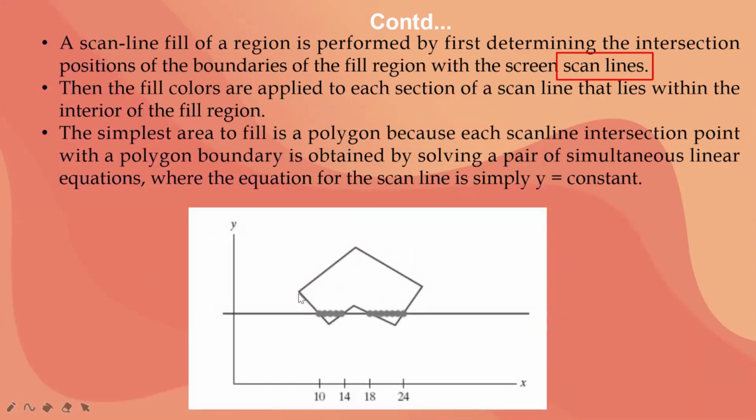You can see the lines over here. If I solve all these simultaneous points, then I will get the linear equations. By applying those linear equations, I get the boundary. If I get the polygon boundary, then it will be very easy for me to find the area of your polygon.